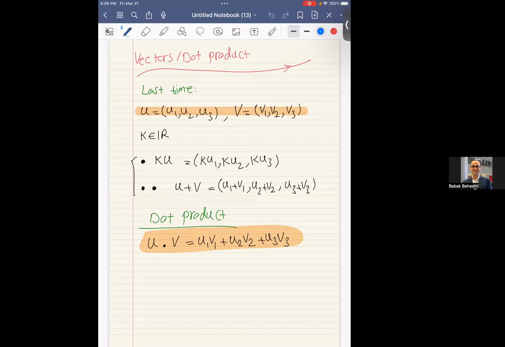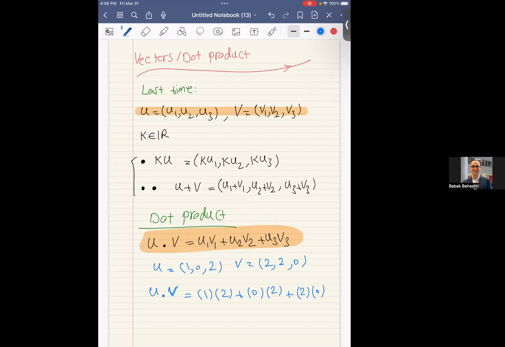For example, if you have u equal to 1, 0, 2, and v equal to 2, 2, 0, then the dot product of u and v is going to be u1 times v1, 1 times 2, plus u2 times v2, 0 times 2, plus u3 times v3, 2 times 0.